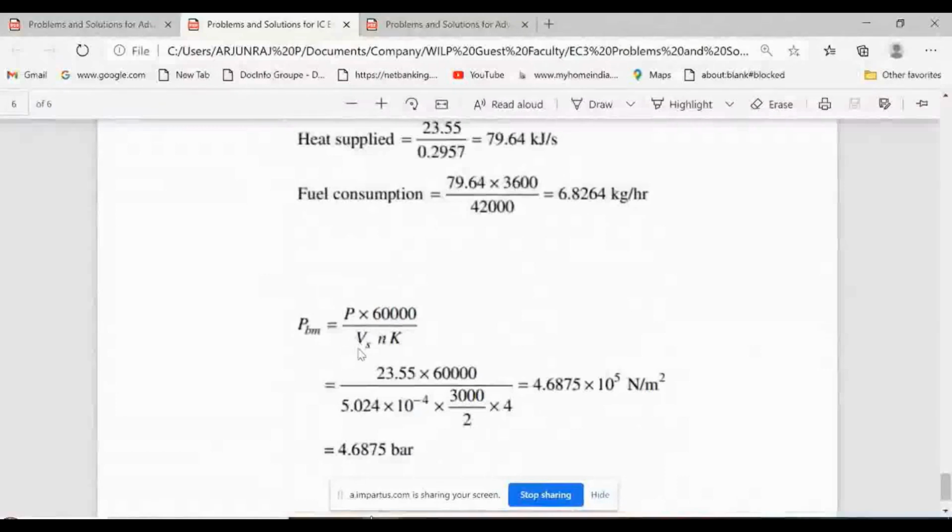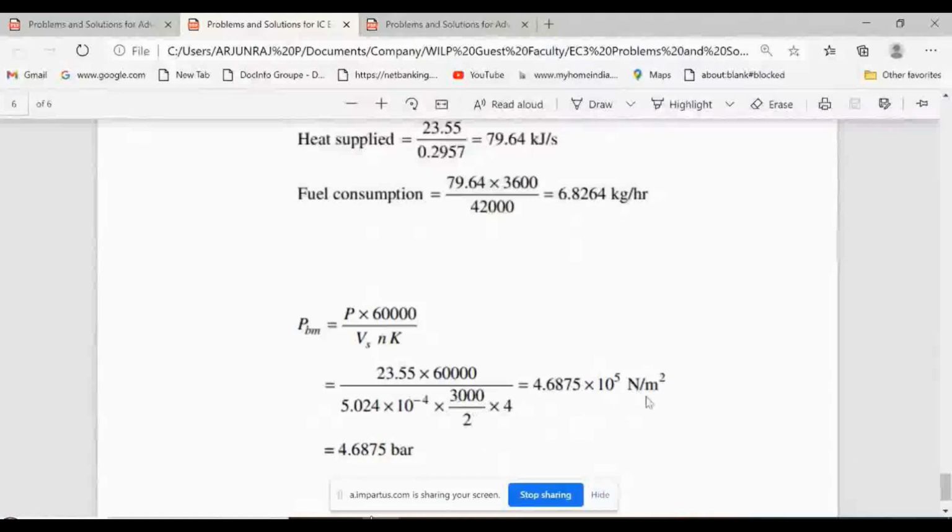Okay, we also get the Vs, the stroke volume or the swept volume. So you get this value, and N is nothing but the RPM for a two stroke. For a four stroke, you're going to divide the RPM by 2, and the number of cylinders is 4. Okay? It's a four cylinder engine. So when you have the K value as 4, you're going to get this value.